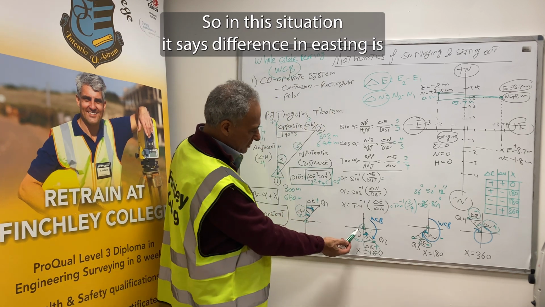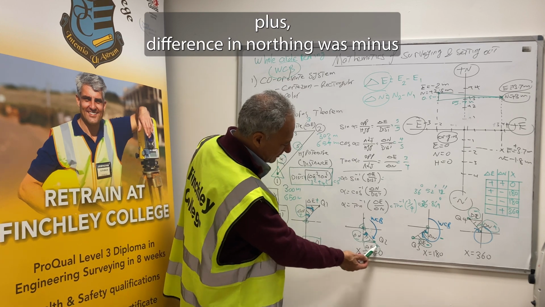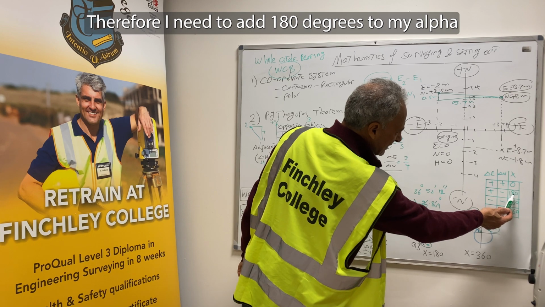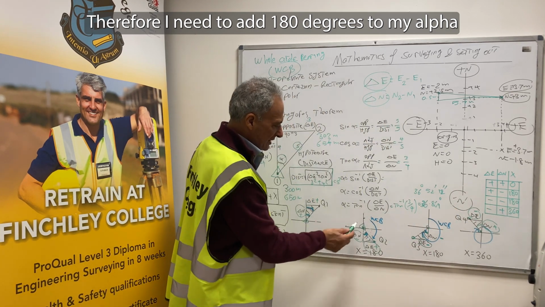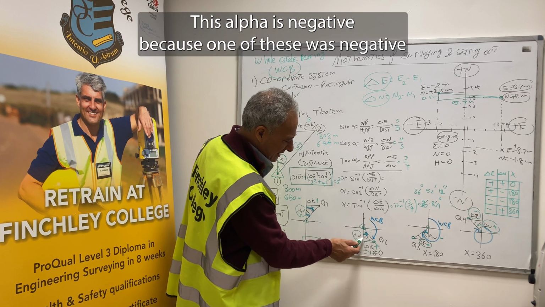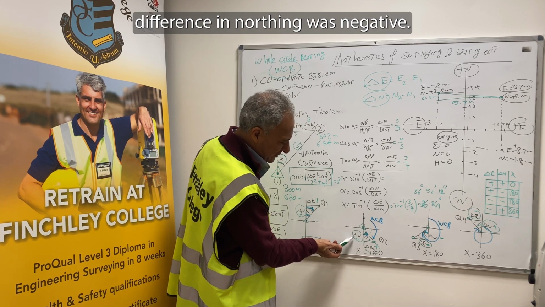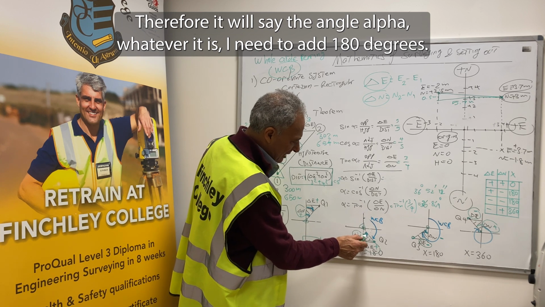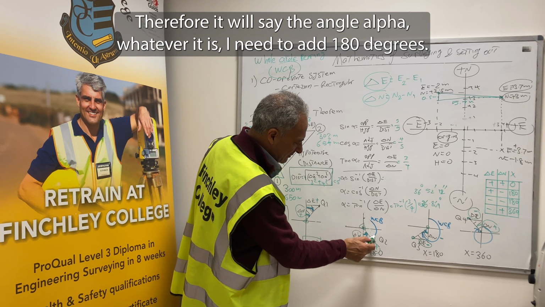So in this situation, it says the difference in easting was plus, the difference in northing was minus, therefore I need to add 180 to my alpha. This alpha is negative because the difference in northing was negative. Therefore, whatever the angle alpha is, I need to add 180.